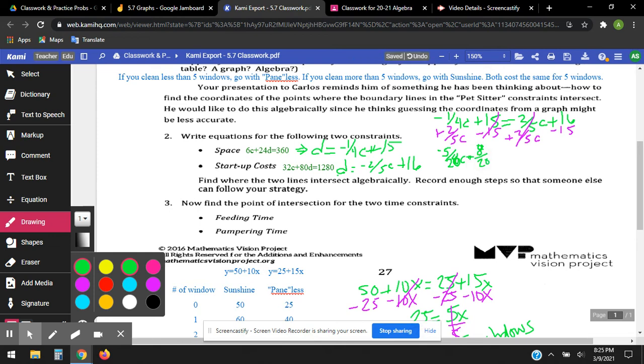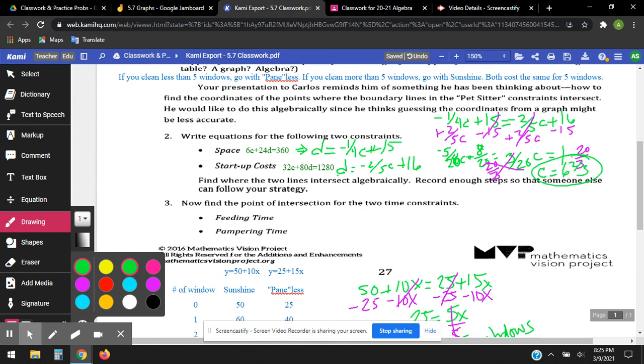So now I've got 3/20 c equals 1. To get rid of my 3/20, I multiply by 20 over 3 to get those to cancel. And so c equals 20 over 3, or 6 2/3.